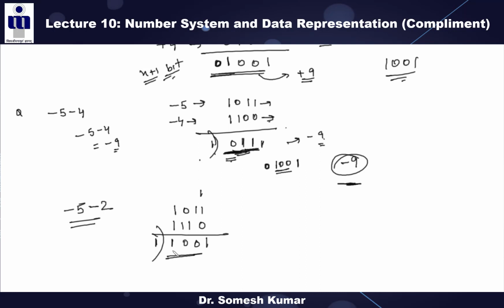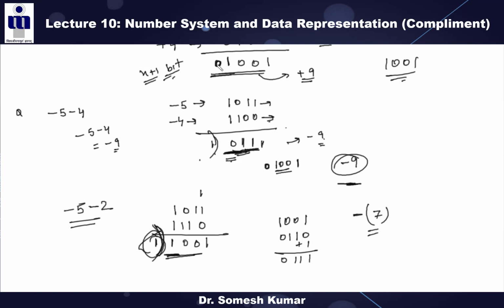See, by seeing this, if you completely ignore this carry, you can take the minus sign, right? And then take the 2s complement of this, 0 plus 1. So you can say the answer is this.